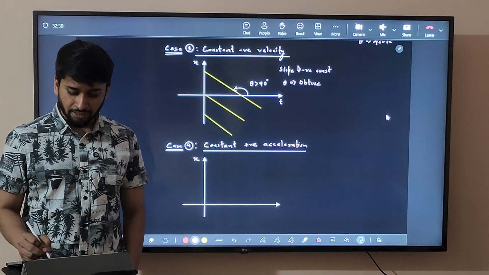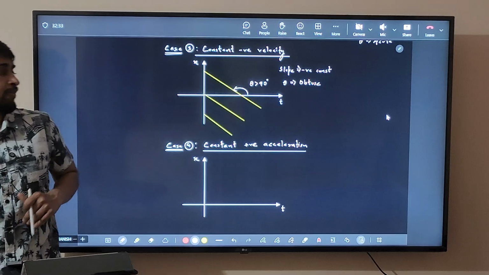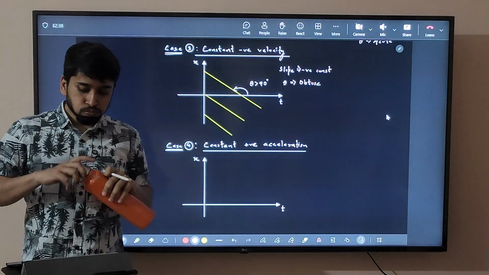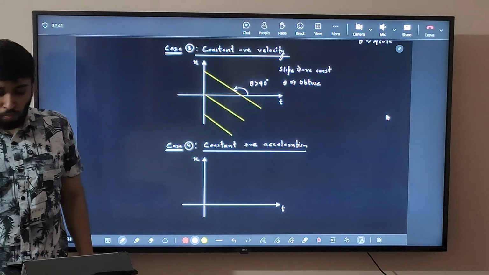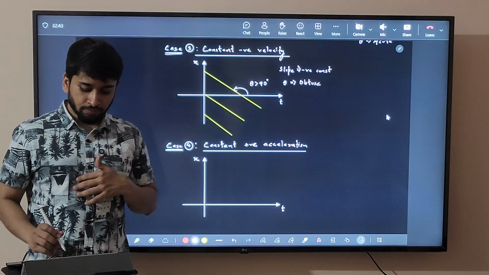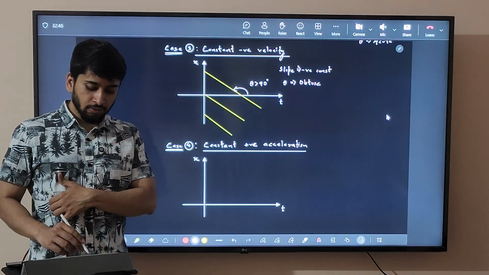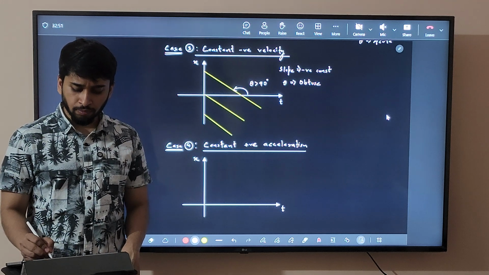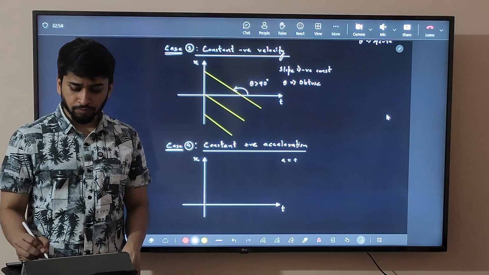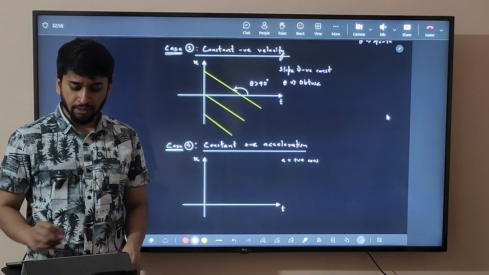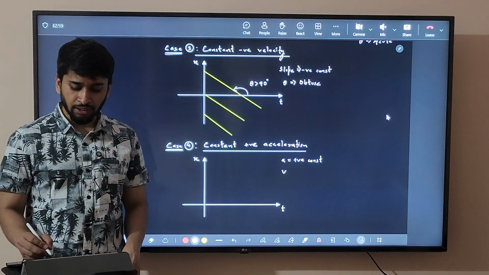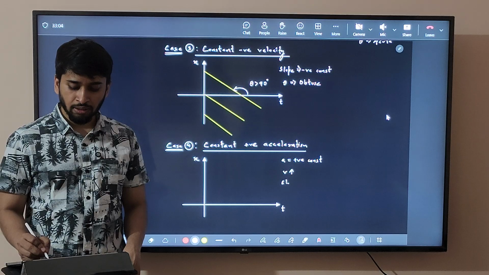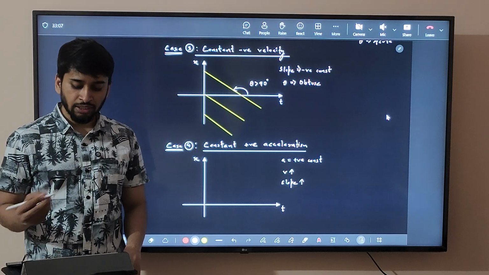So constant acceleration means the acceleration should be constant and positive. Now what is that supposed to mean? If acceleration is positive and constant, then the speed will be increasing, so the slope should be increasing at a constant rate.